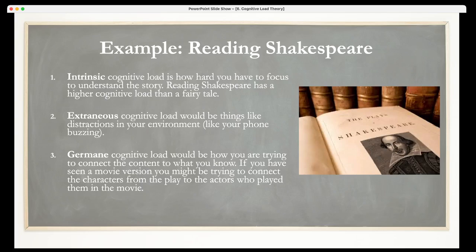And if you're finding the words that you know, that would be connecting to your schema, or perhaps you've seen the movie of the play and then you're trying to picture the character and you're connecting it to your memory of the actor that played that character. That would be the Germane load, how hard you're thinking to connect what you're reading on the page to the stuff you already know, your schemas.